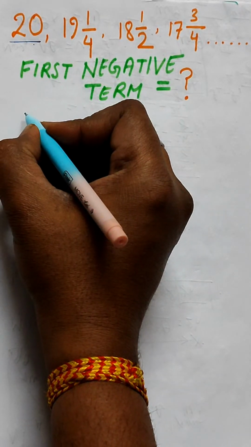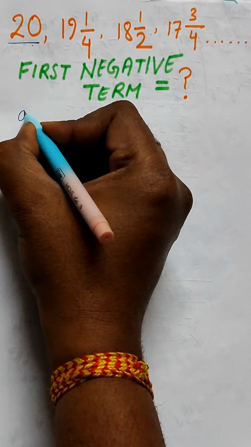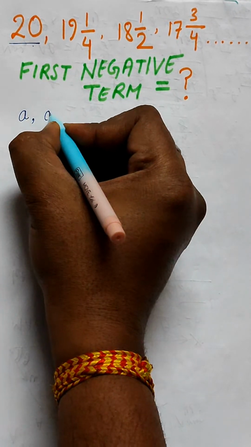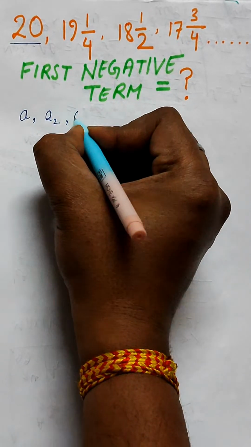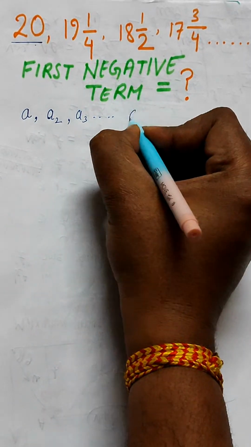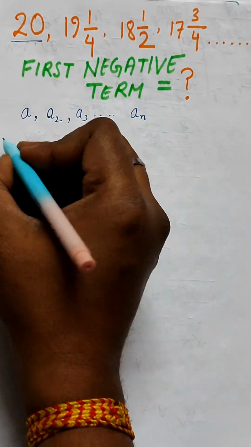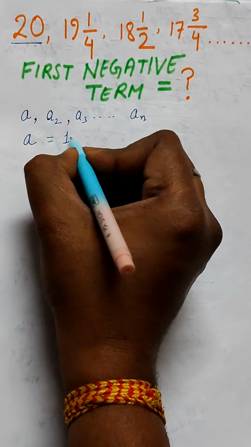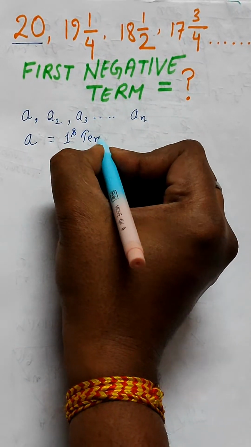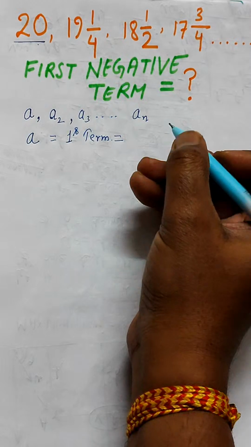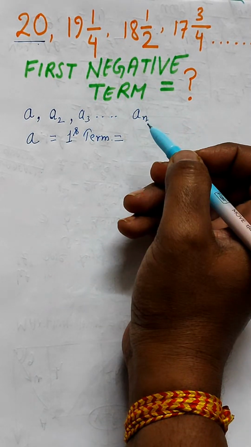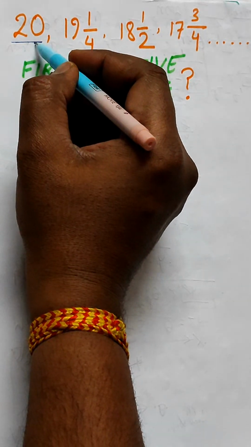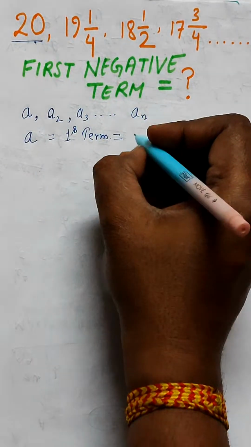And if AP is like this, a1, a2, a3 till an, then we can say a is the first term of that AP. So here the first term of this AP is 20, the first term of this arithmetic progression.